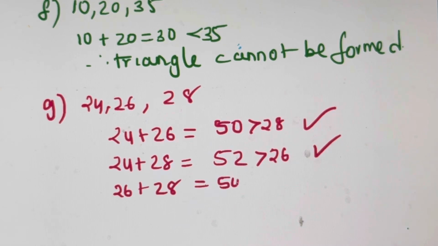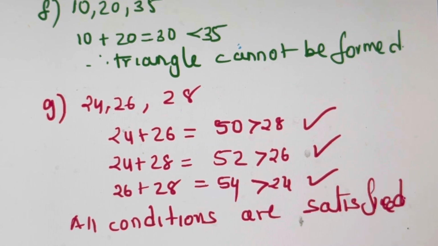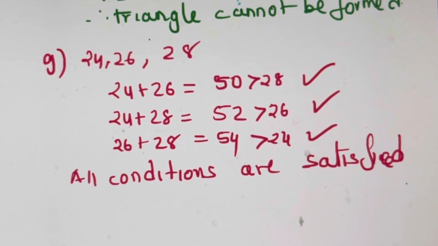So that's equal to 54. That's greater than 24. So all conditions are satisfied. Therefore, you can say that triangle can be formed.